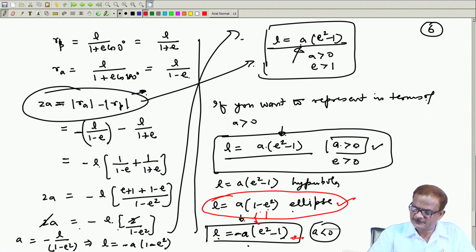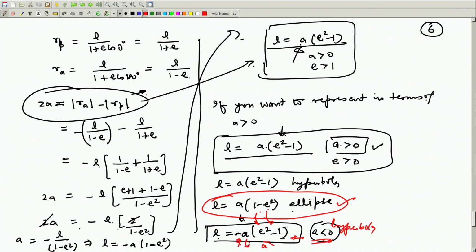So, it gets into this form and the minus sign comes outside. So, in this case we write a is less than 0. So, if we write a is less than 0, this becomes hyperbola, and if we write a greater than 0, this case will be an ellipse.